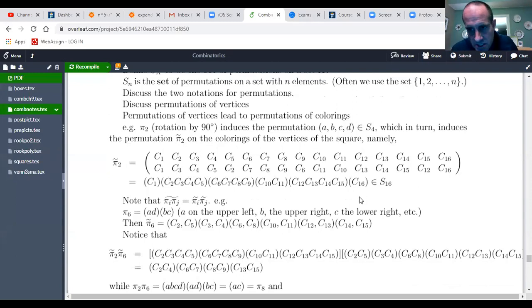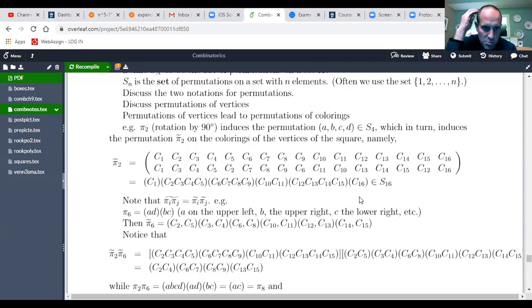But that induces a movement of colorings. C1, what if I rotate that by 90 degrees? Well, nothing, it just stays by its lonesome. But C2 goes to C3, C3 goes to C4, C4 goes to C5, and C5 goes back to C2.